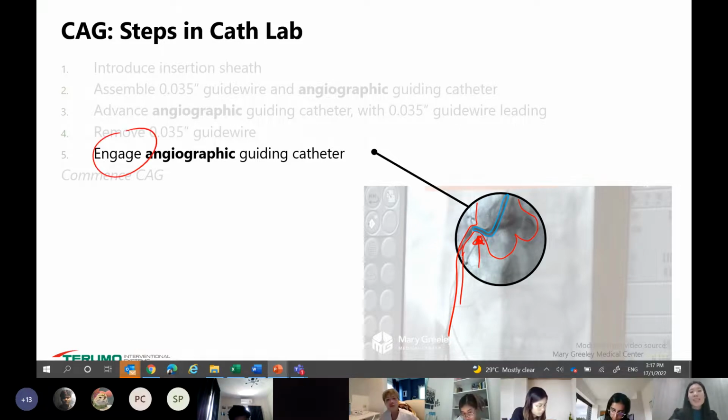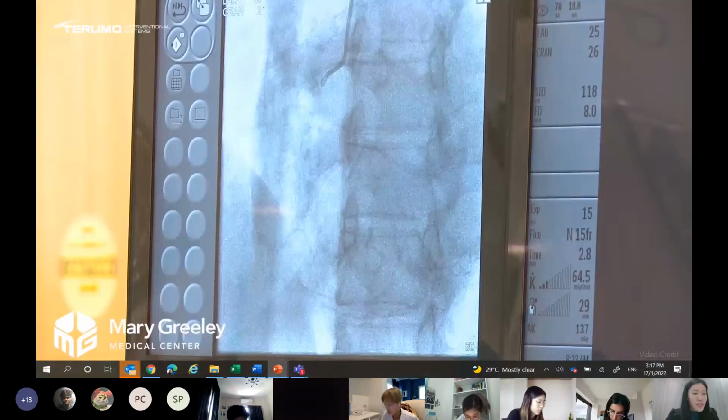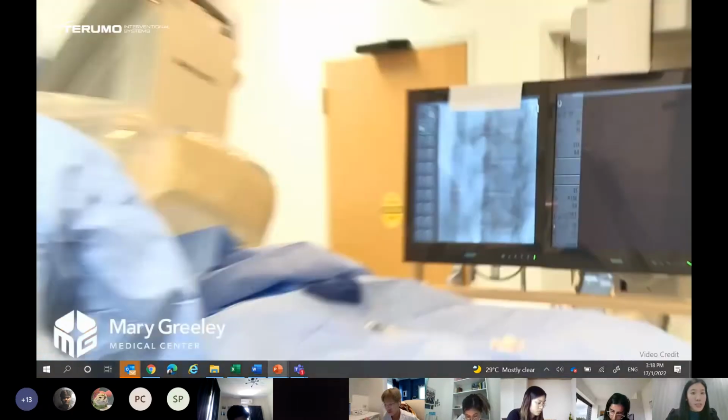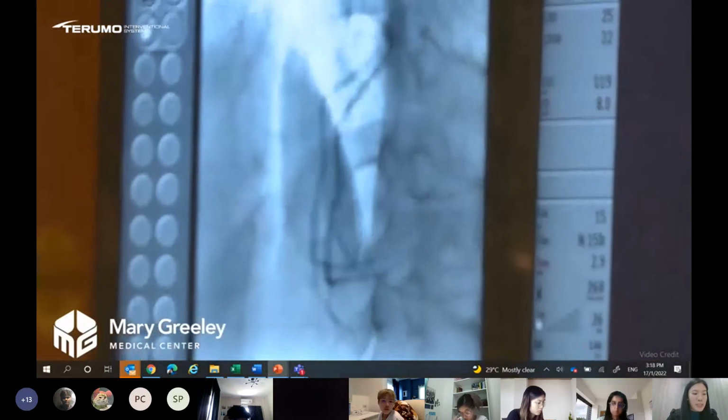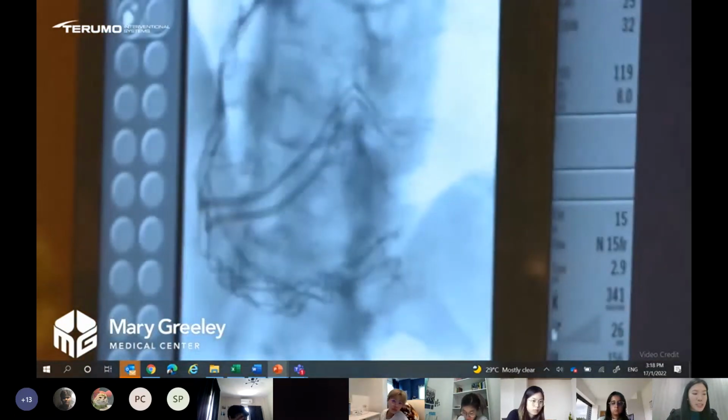So when I say engage the guiding catheter, it just means that this guiding catheter's tip is at the opening of the coronary artery. When he is sure that this ostium is engaged, he will get the C-arm in the correct position, then take an angiogram under the Cine mode.